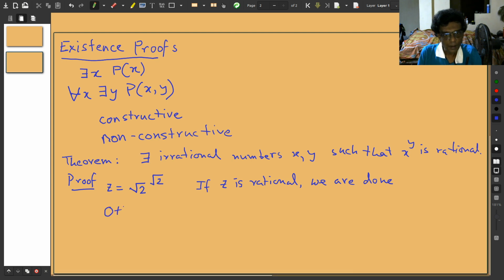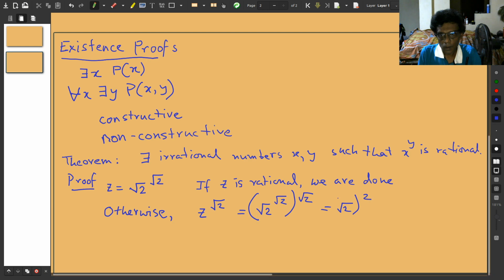Otherwise, z is irrational, then raise z to the power of root 2. So, this will be root 2 power root 2 power root 2, that is root 2 whole power 2, which is nothing but 2. So, this is rational. I do not explicitly say which case happens. If it is rational, then root 2 power root 2 is rational.